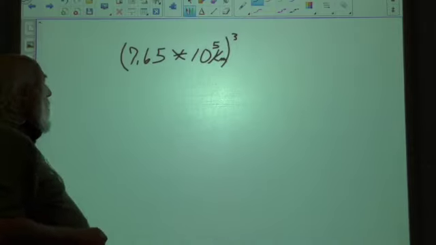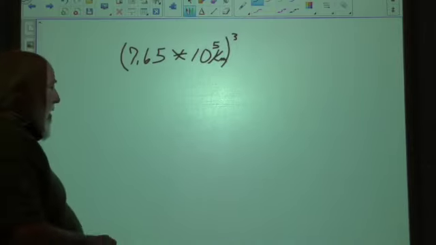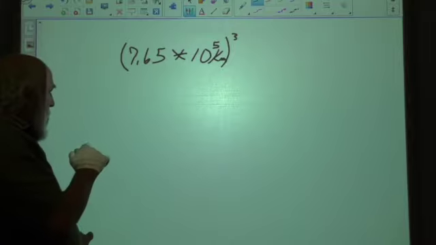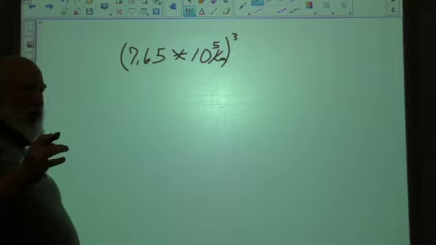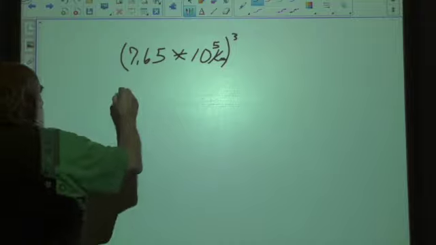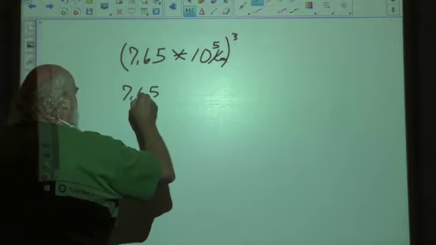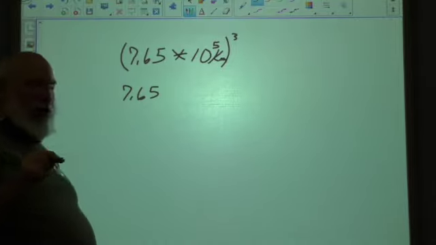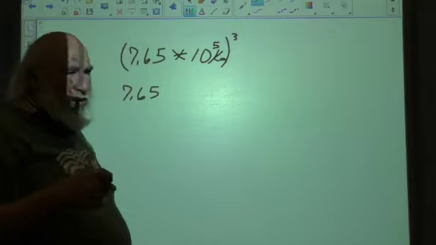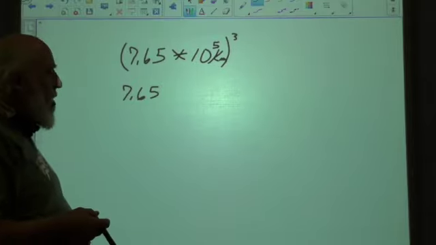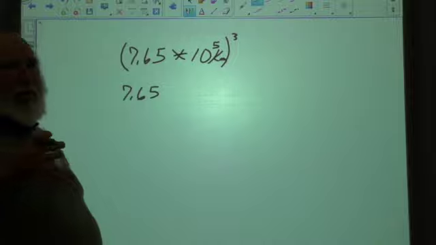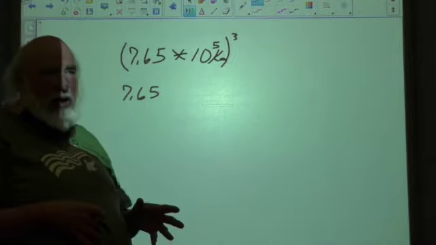Or you can use a shortcut form, and I'm going to caution you on that in just a little bit. It actually makes it quicker to be done. It's 7.65. Take a look at your graphing calculator, your scientific calculator, and you notice that there's a comma button on the left-hand side of the calculator.